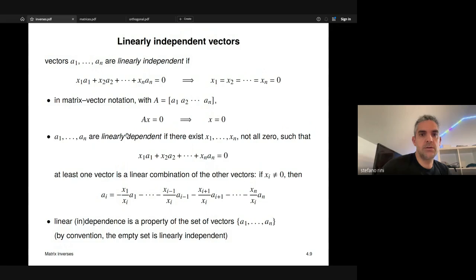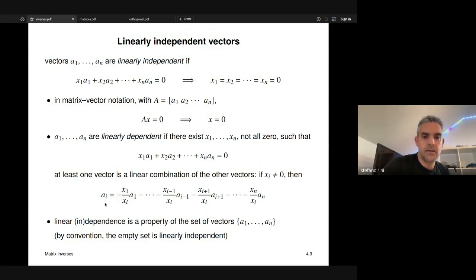In matrix notation, this means AX is equal to 0 if and only if X is equal to 0. If the vectors are linearly dependent, there exists a choice of coefficients, not all equal to 0, such that this linear combination is equal to 0. This means that at least one of the vectors is a linear combination of all of the other vectors. That's why we say they are not linearly independent.